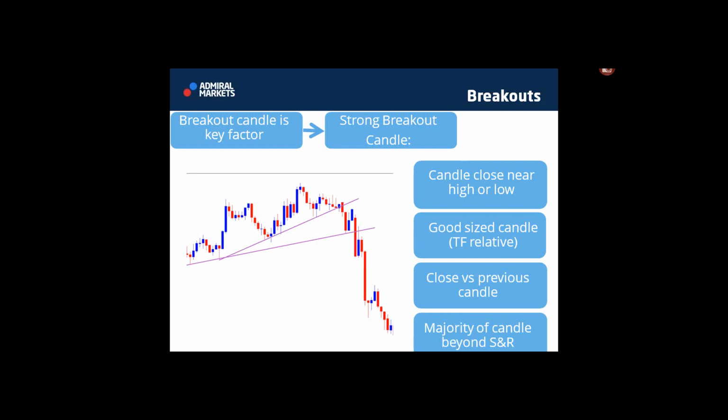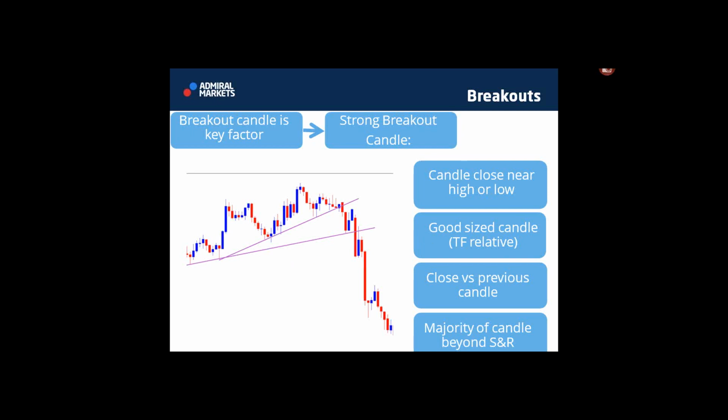So it's all relative. But we want a decent sized candle compared to the candles that we see around the breakout candle. We don't want it to be a tiny breakout candle. We want it to show that there's been a decent amount of participation, a decent amount of movement within that candle, so that there's more information. That breakout candle has more value, basically.